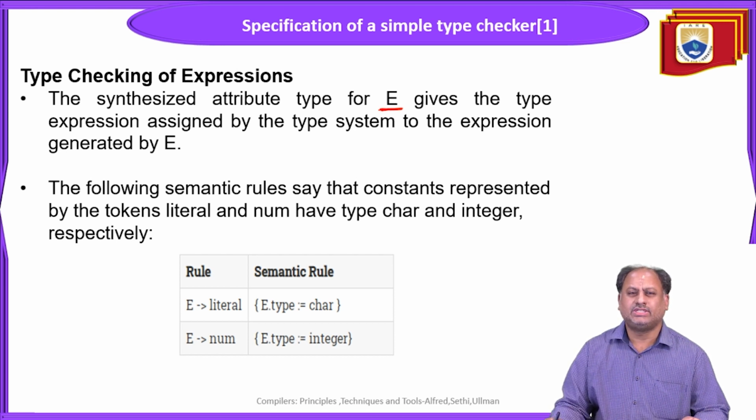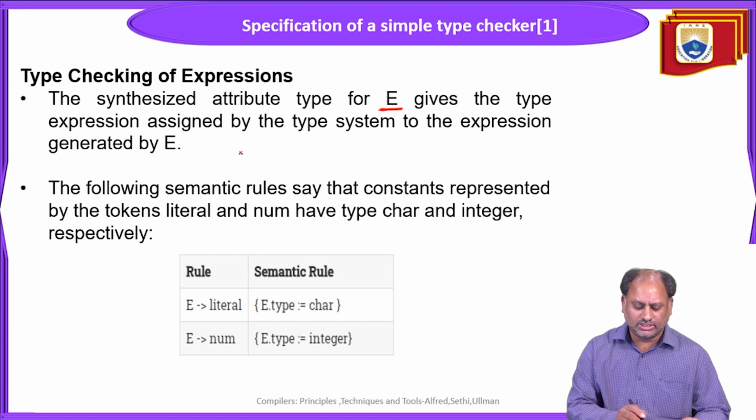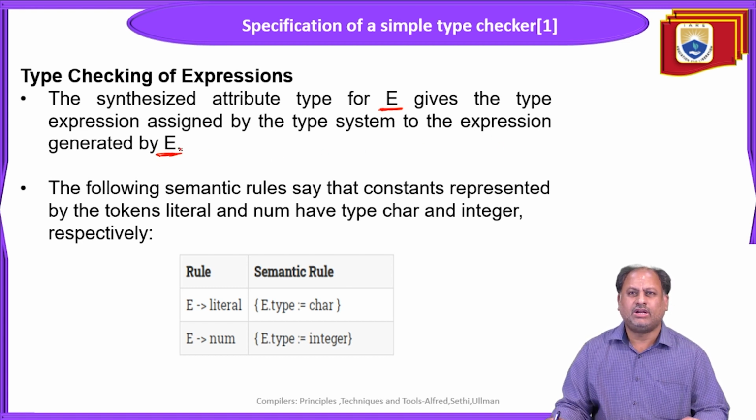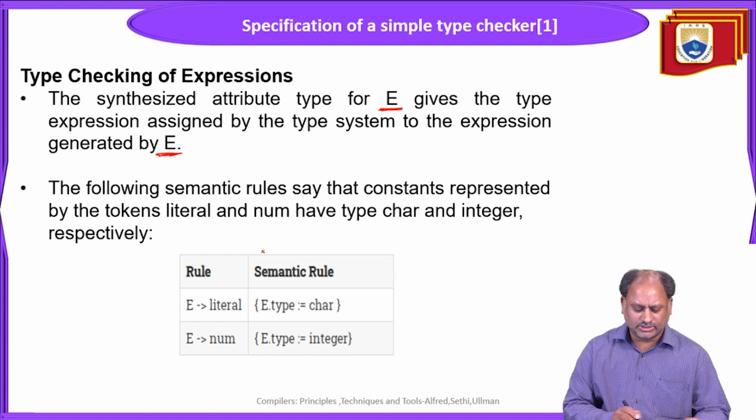E is a synthesized attribute. The type expression that is assigned by the type system generates the expression E.type. So here the semantic rule says that constants represented by the tokens literal and number have the type character and integer respectively. What are the constants here?